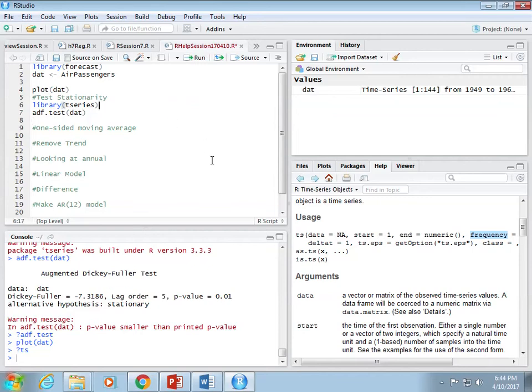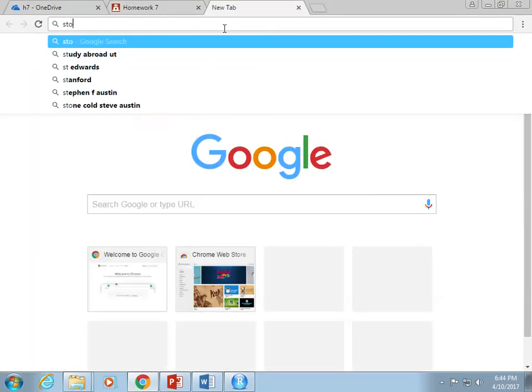So let me think of something that's absolutely not stationary that I could show you. Some stock data.